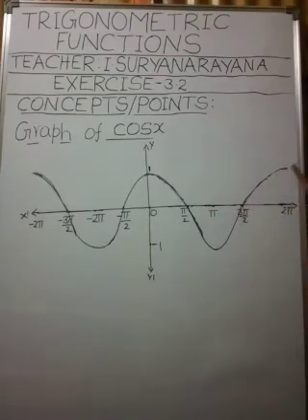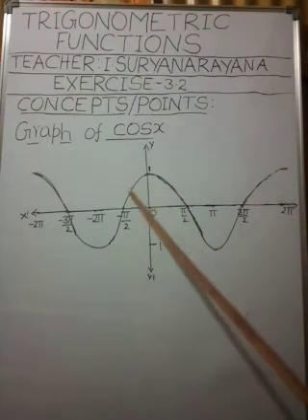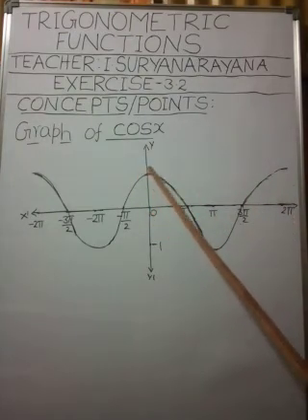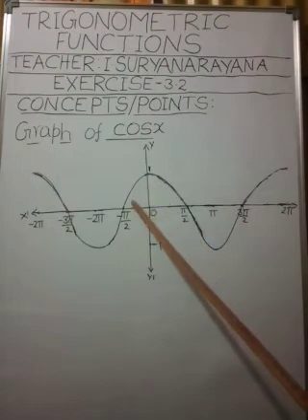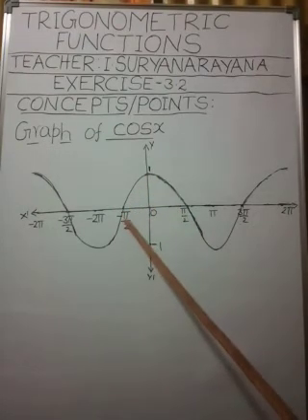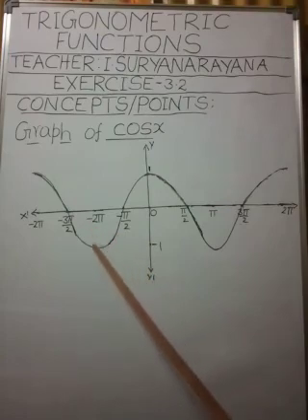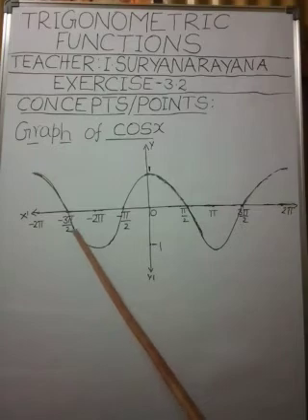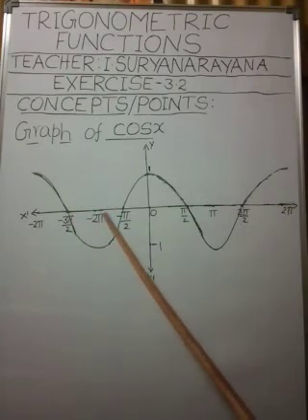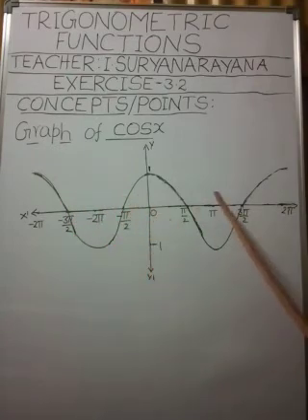Cos 2 pi is equal to 1. Similarly, on the left side of the y-axis, see here, decreasing. Cos minus pi by 2 is 0, and it is decreasing. Cos minus pi is equal to minus 1. It is increasing on this side like this. Understood this graph, my dear children?